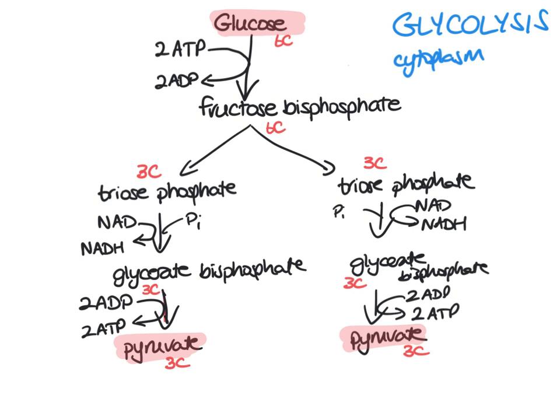Well, we need 2 molecules of ATP, and we need 2 molecules of NAD. We're also needing some ADP as well there. Now the NAD is important because we come to that later whenever we look at anaerobic respiration and we say that we need to regenerate NAD. And that's because we haven't mentioned oxygen there.